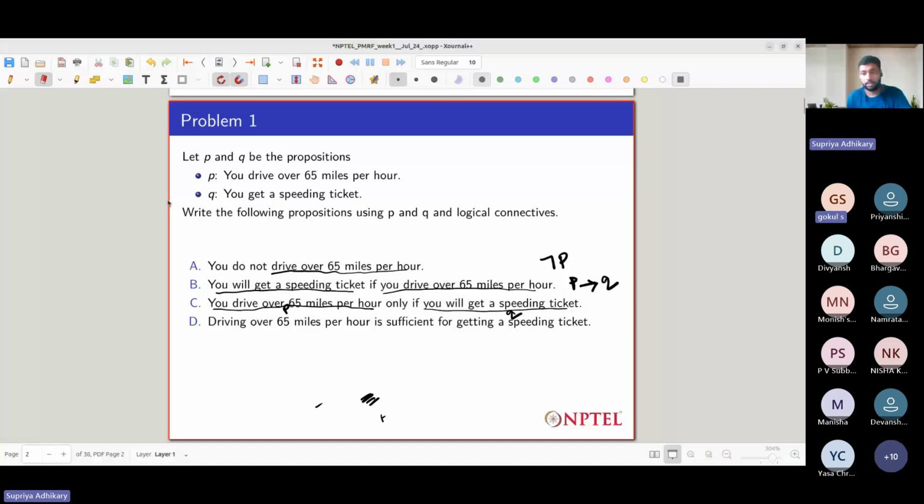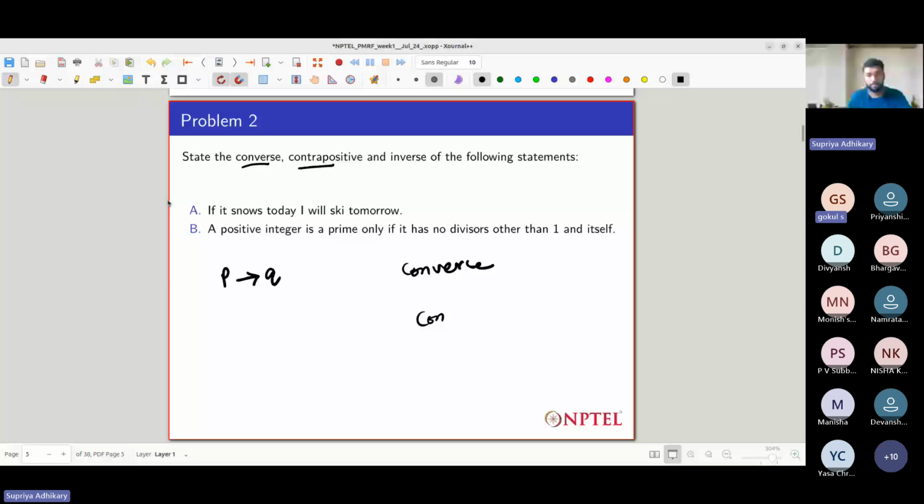So let's go to problem 2. We have two of these statements, and we have to figure out the converse, contrapositive, and inverse.